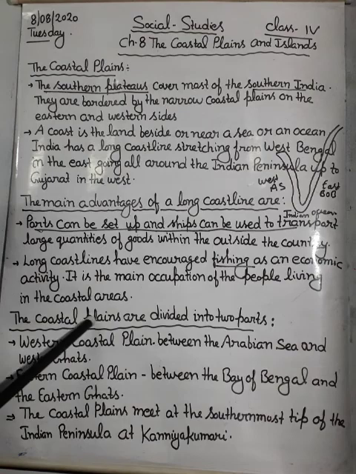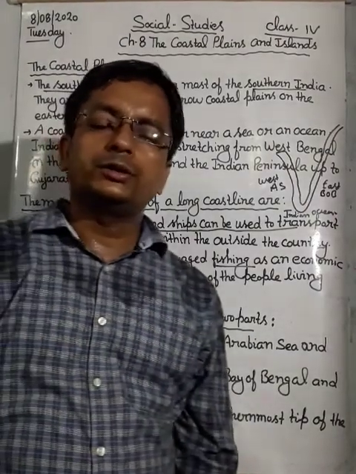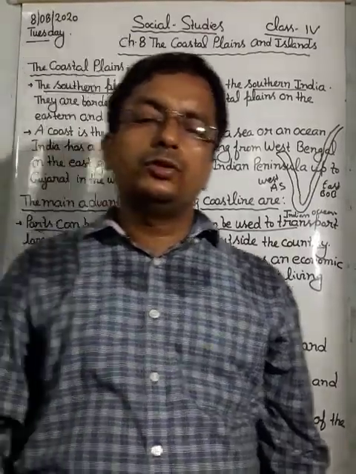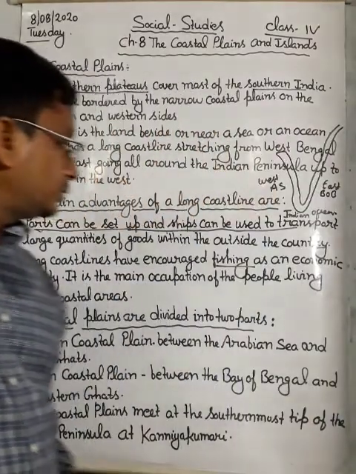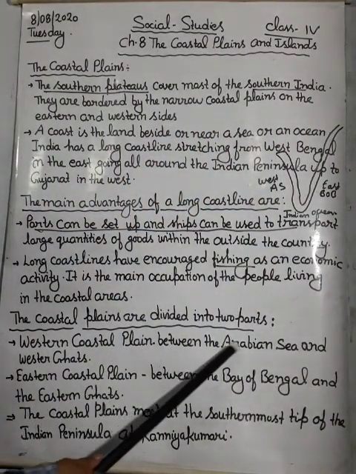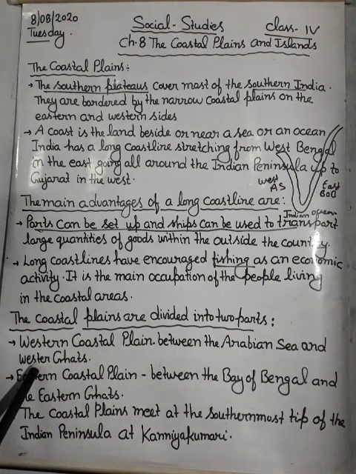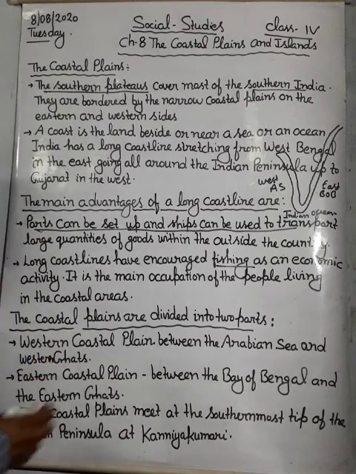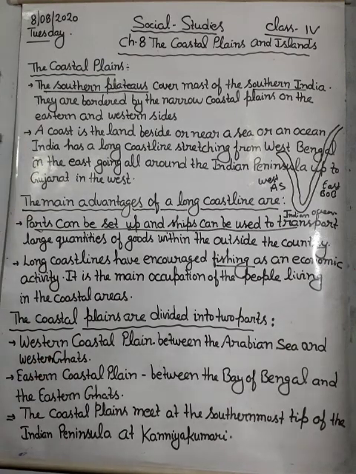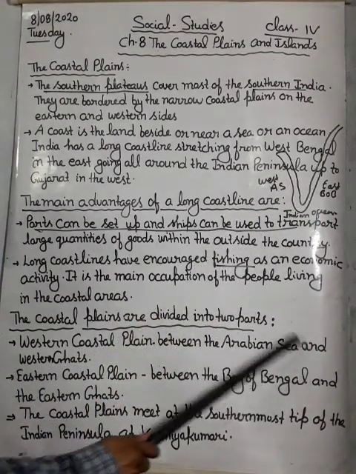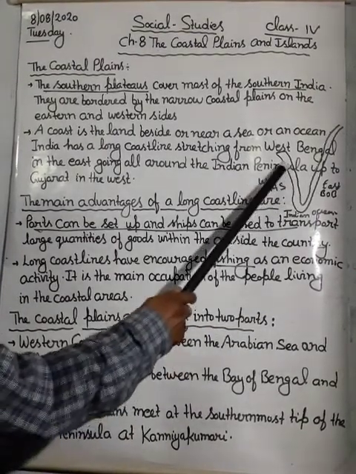Next, the coastal plains are divided into two parts. Yes, student, our coastal plains are divided into two parts. The first is the Western coastal plain, between the Arabian Sea and the Western Ghats.